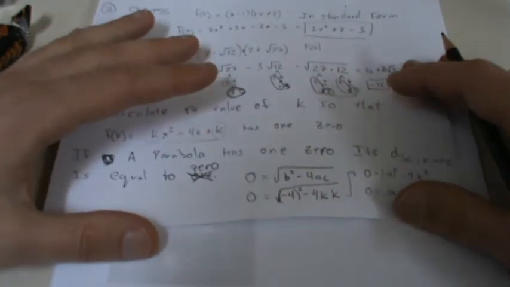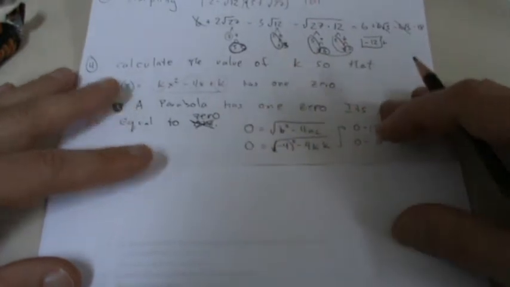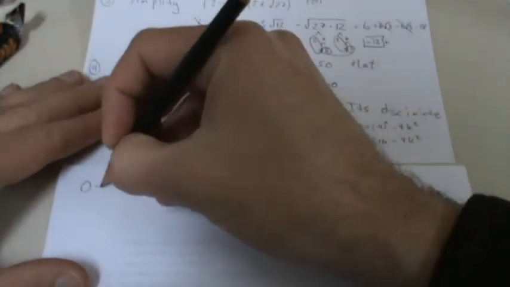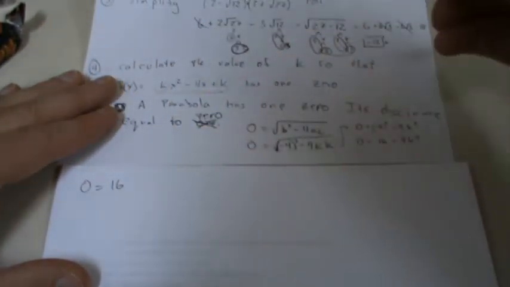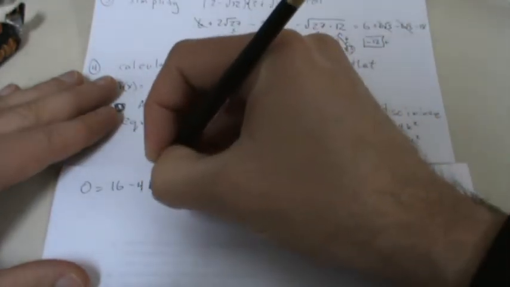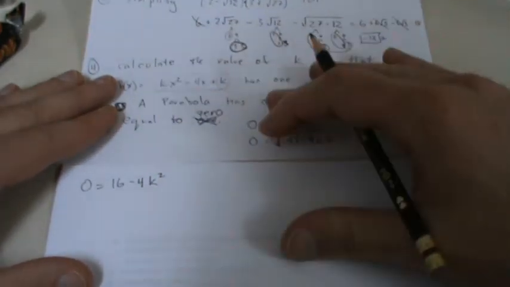And now what I'll do is move down onto this next piece of paper here. So now remember, I'm still solving for k, so I've got 0 is equal to 16 minus 4k squared.